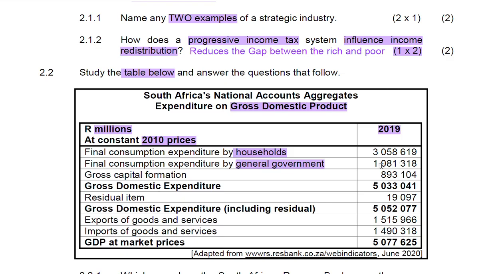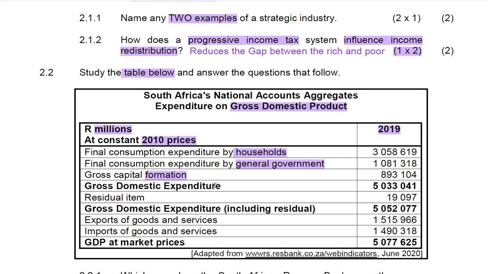And when you look at government, it's 1 million, based on what we see here, but obviously remember it is in millions also here. And then when you're looking at gross capital formation, it is less than a million. So it's like 893. And then when you look down, you are given gross domestic expenditure.